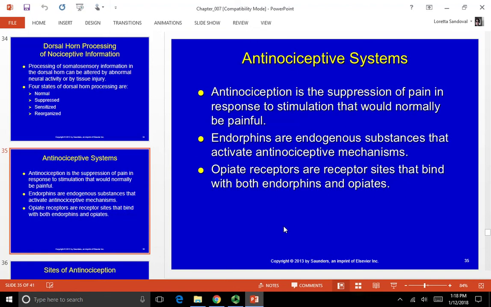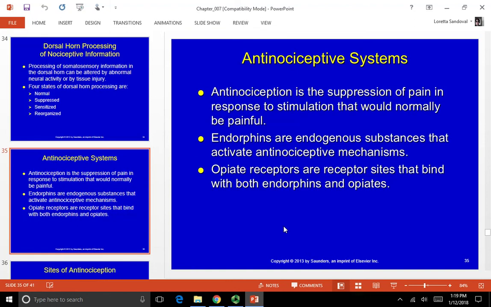So I think it's amazing that we have these receptors in our bodies that are really meant to bind with natural endogenous substances, endorphins and enkephalins and that sort of thing, to activate those pain control, those antinociceptive mechanisms. But the thing that I think is amazing is that there's a plant out there in nature that produces substances that also bind to those receptors. So, wow, I just think it's amazing.